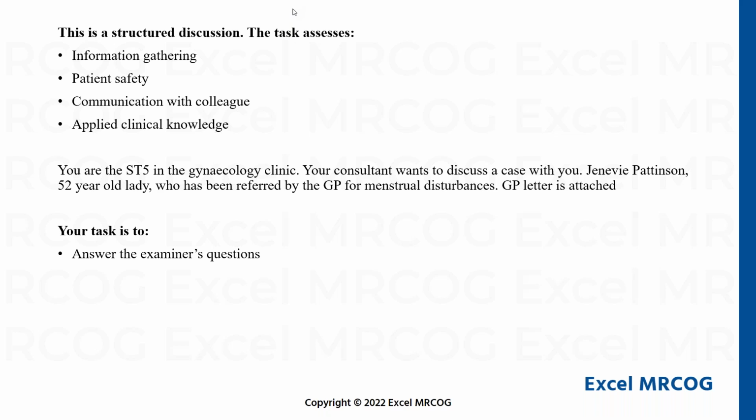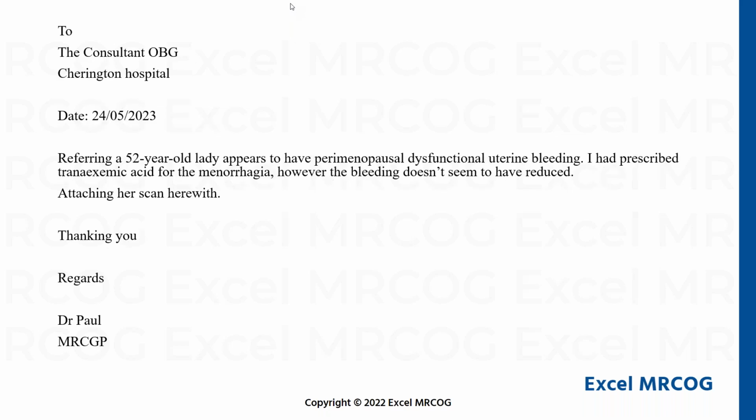So this is a 52-year-old lady with perimenopausal bleeding. I would first take a history of the onset, duration, and progress of symptoms: since when she's been having the bleeding, the bleeding pattern, the duration, the flow, and any associated pain.